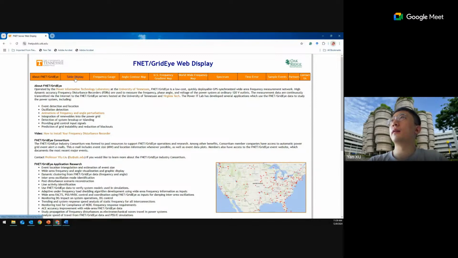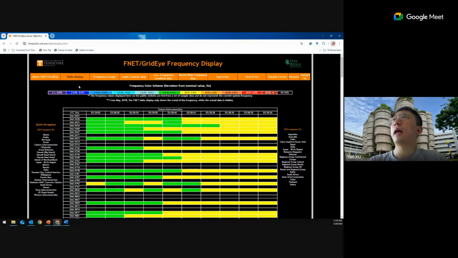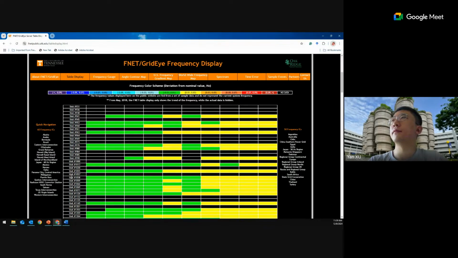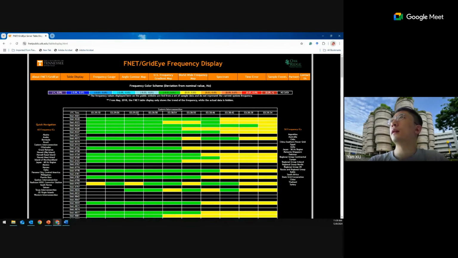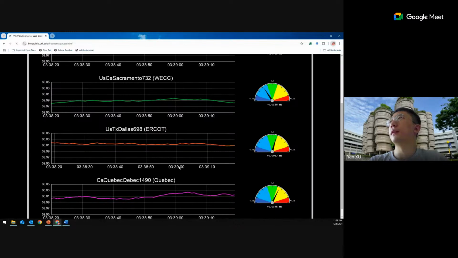Now here, I can quickly show you. This is the table display of the PMU measurements, actually the frequency measurements collected from different units. Different colors stand for different frequency deviation. Now you can also see this is a frequency plot of different units over time.